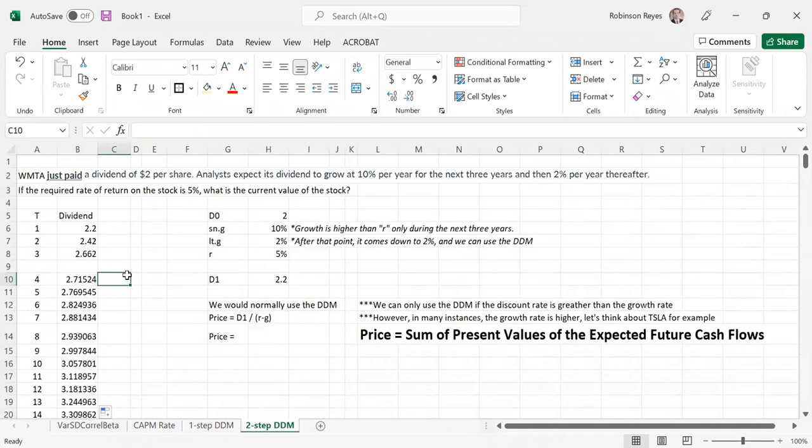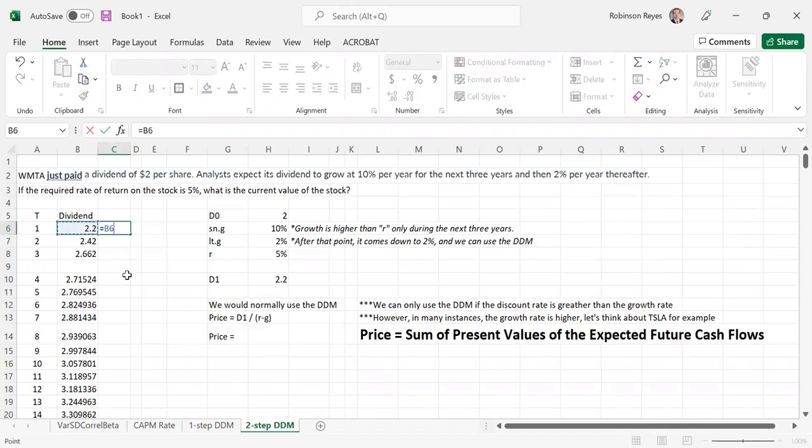Now, what we did before is we got the present value of each of these dividends. So present value of, let's start with dividend 1 divided by 1 plus then the discount rate. This is what we use to get the present value. We lock this rate to the power of, no, let's click here on time, and let's not lock this one because we want to scroll it down, and we want that cell to update as we scroll down.